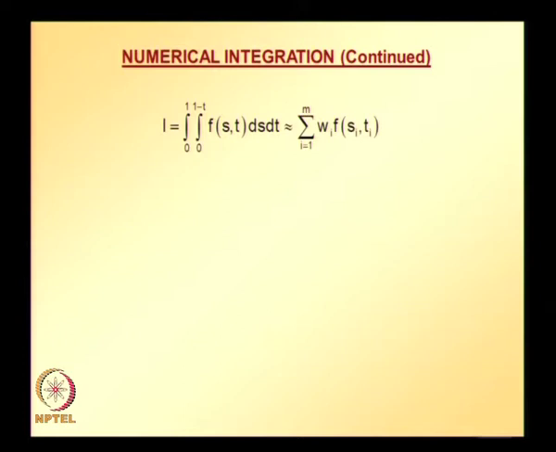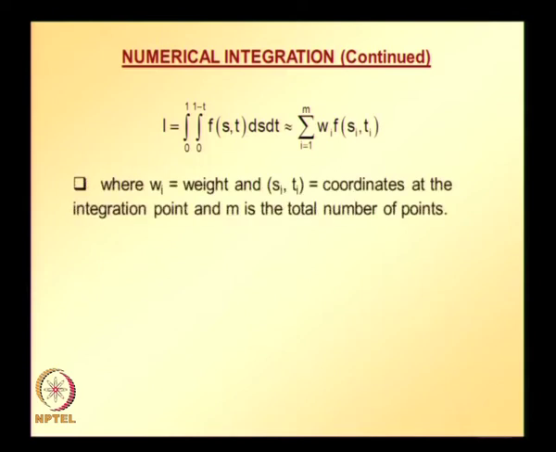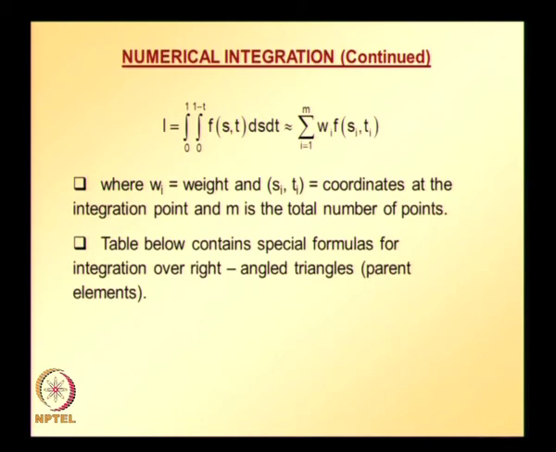Once the order of integration is decided, one needs to know the weights and the coordinates of that order of integration, where Wi is the weight, Si, Ti are the coordinates of the integration point, m is the total number of points selected, and the table below contains some information about the points and the weights, and also about the degree of accuracy of that particular order of integration.